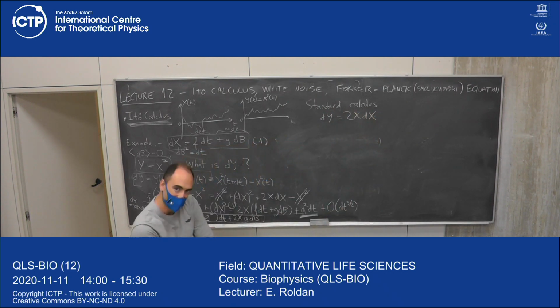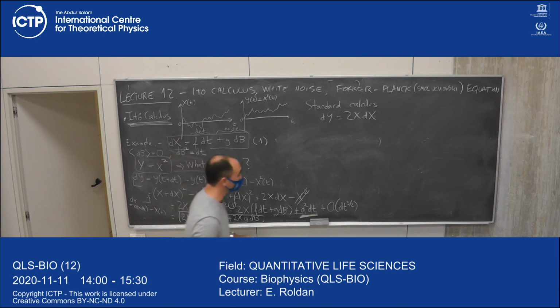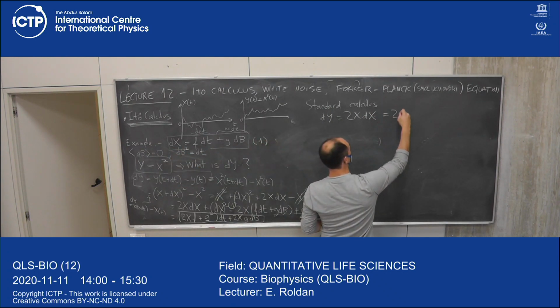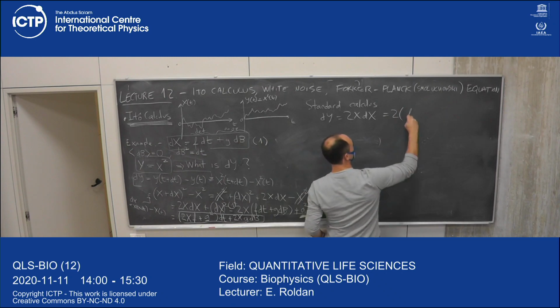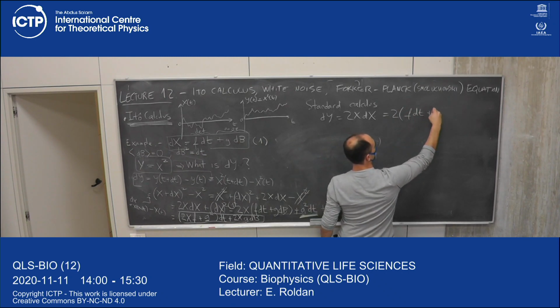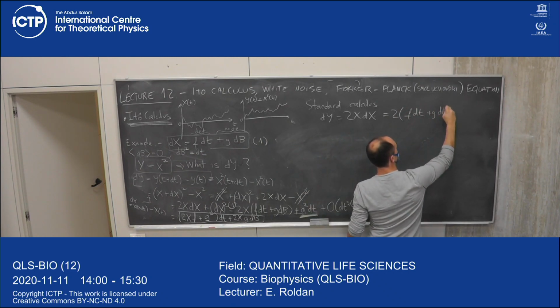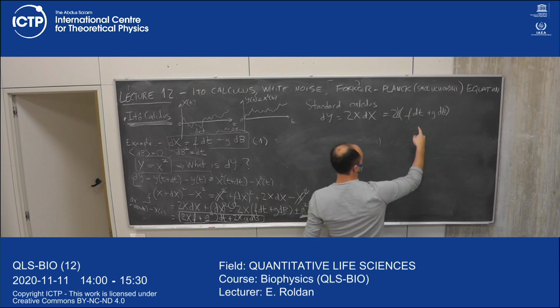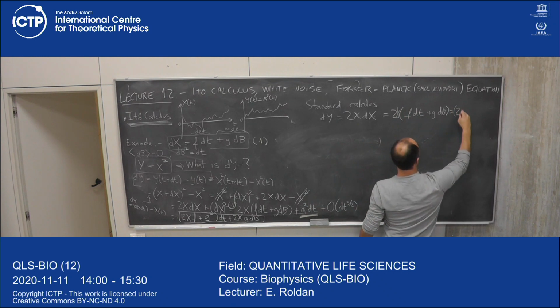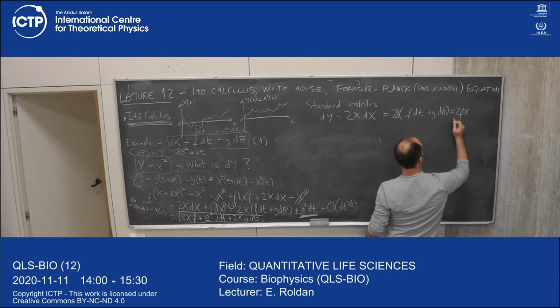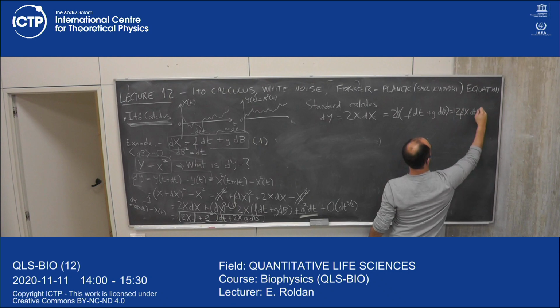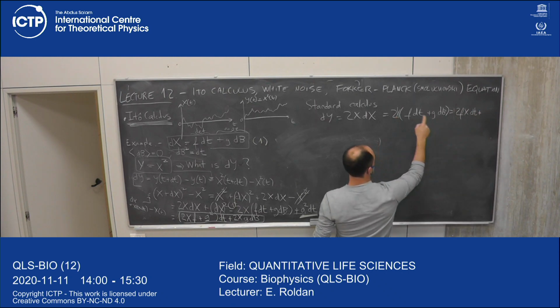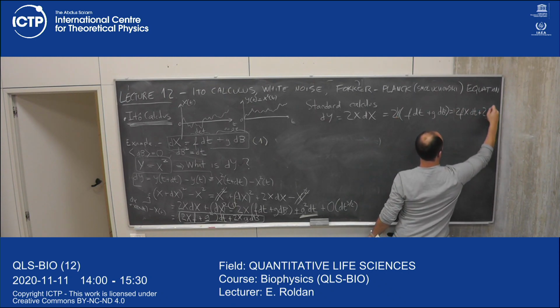This is what you learn in school. You do this, now you have 2x times f dt plus g dv. So it would be 2fx dt plus 2xg dv.